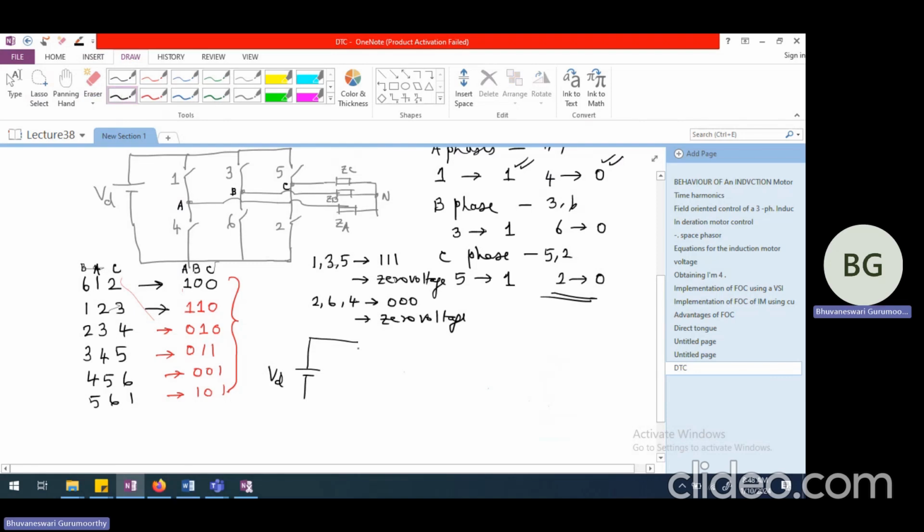So 1 is going to be on like this. This is 1, which is on. And from here, I'm going to have A phase ZA connected. And the neutral is here. So I'm going to have ZB and ZC, both connected like this.